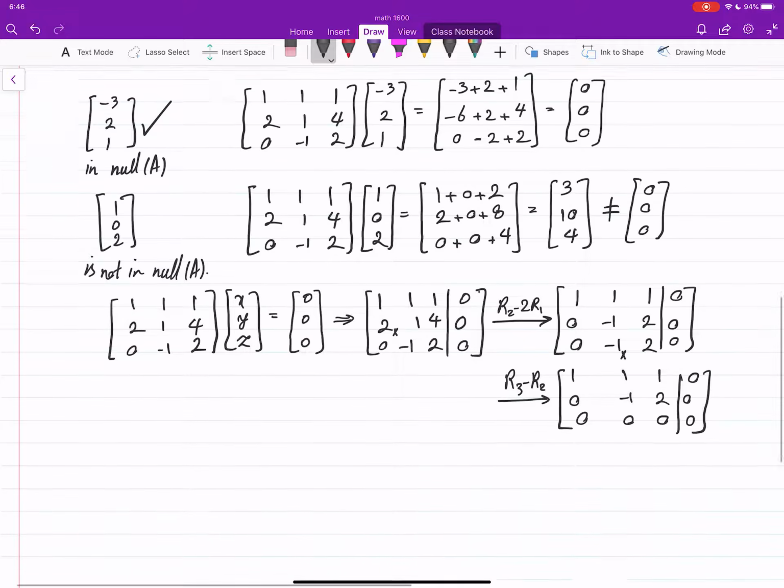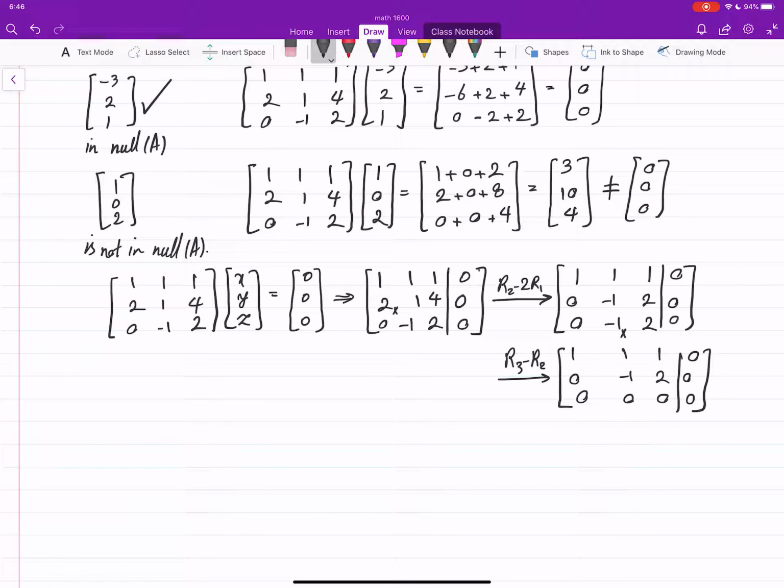This is row echelon form already, but to make it easier, we can also make that entry 0 by doing row 1 plus row 2. This way we have (1, 0, 3, 0), (0, -1, 2, 0), (0, 0, 0, 0). These columns have leading 1s, so x and y are leading variables.